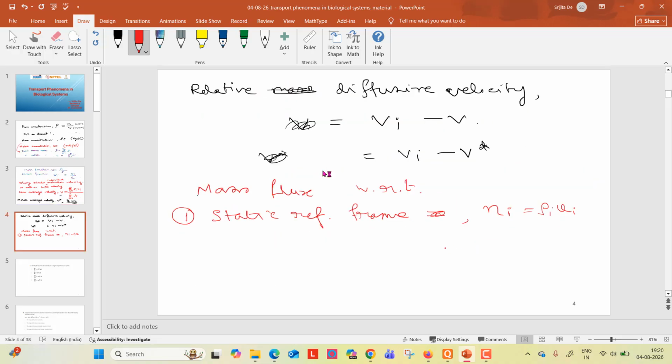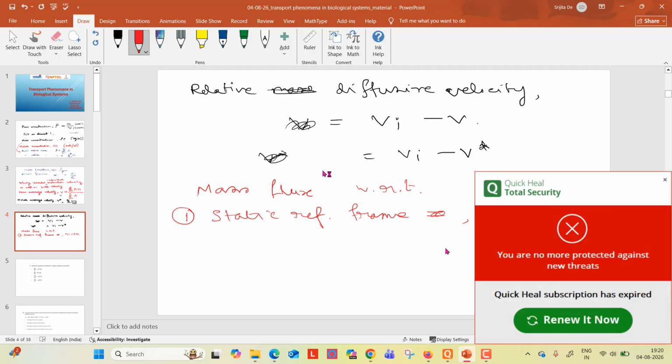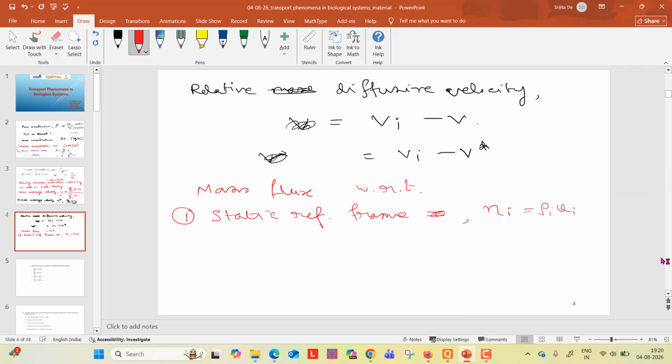We have learned the mass flux in the previous class. Flux is the amount of that property divided by per unit time and per meter square, right? I think we have learned this in the first class itself. What is flux in general? So what is mass flux? That means mass removed or mass generated per unit time per unit area.